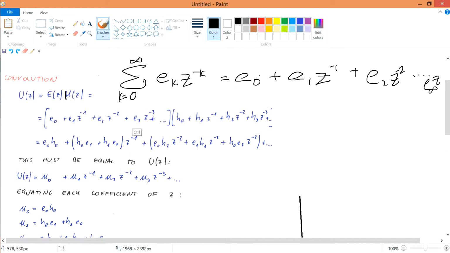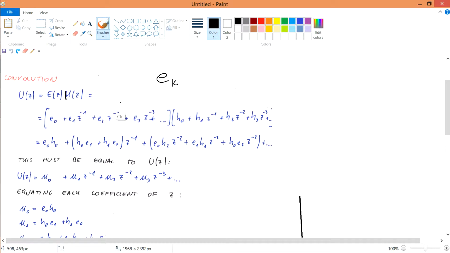Knowing these definitions, I'll not go on to this one because it's exactly the same. The Z transform of E is this one, your HZ is this one. It's the same thing, the trends are all the same. Then you take E0 multiplied by H0, E0 multiplied by this one, E0 multiplied by this one.